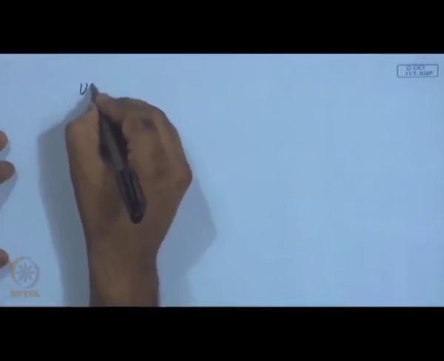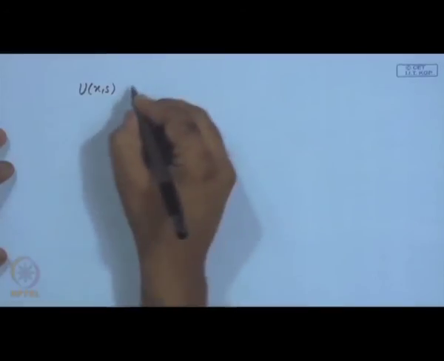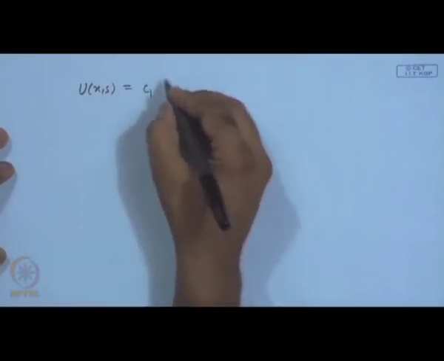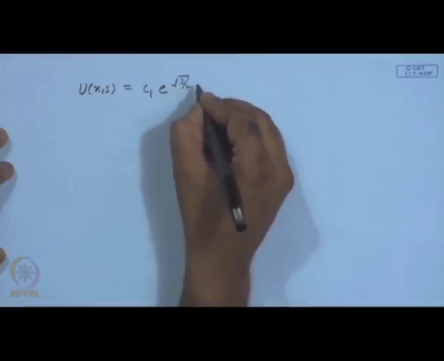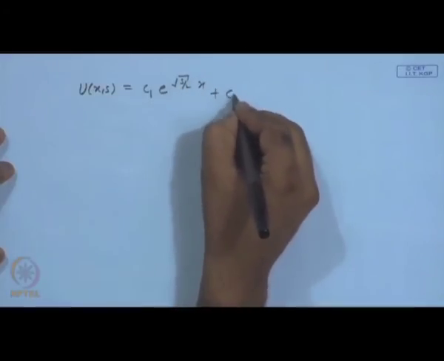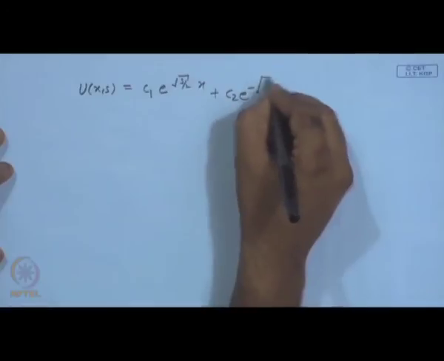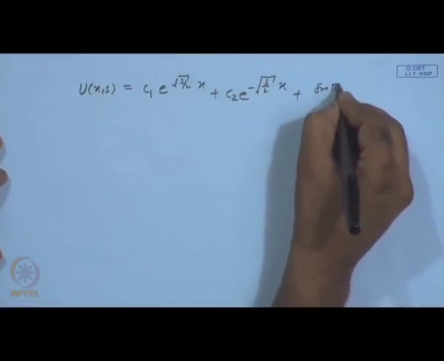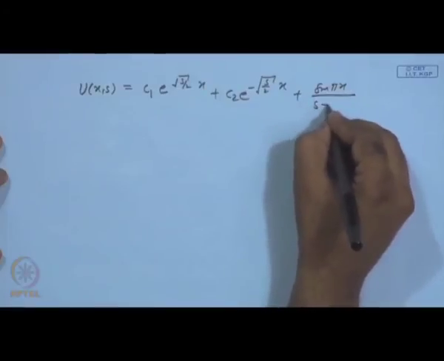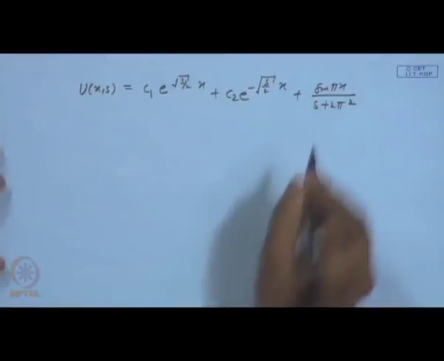So, now the solution is u x s as c 1 e to the power square root s by 2 x plus c 2 e to the power minus square root s by 2 x plus sin pi x over s plus 2 pi square.